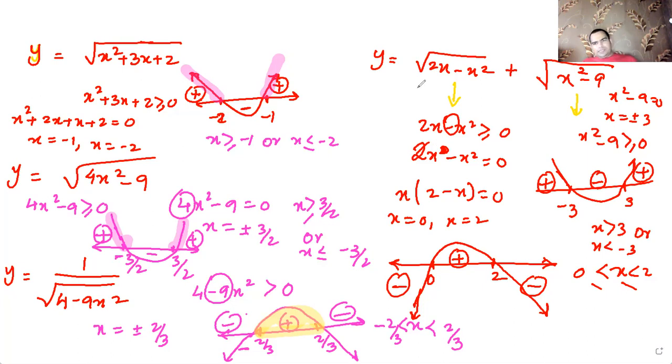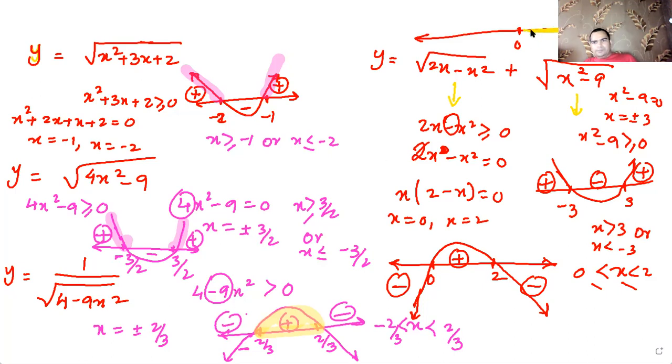Now what you'll notice is that when I look at the graph, I need to see where both the domains coincide. And if they don't coincide, it means this function won't be defined for any x value. So the first domain is 0 to 2, which is this part.